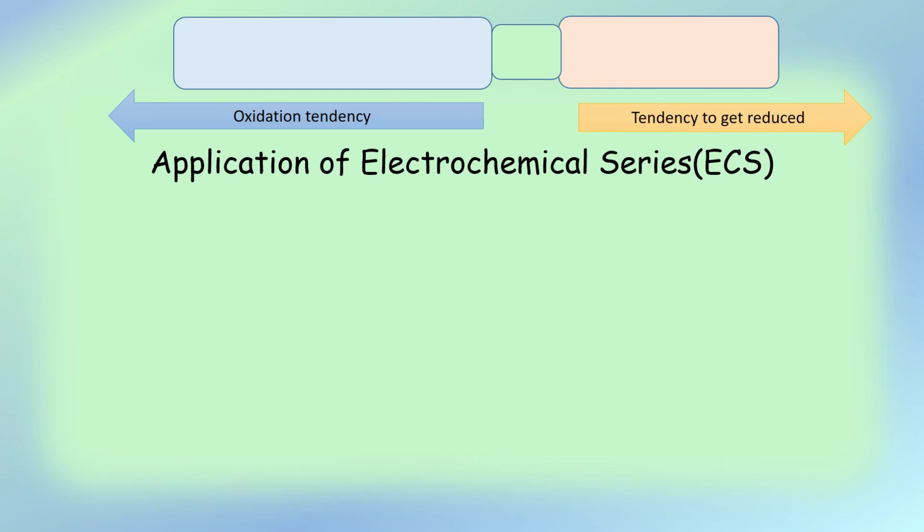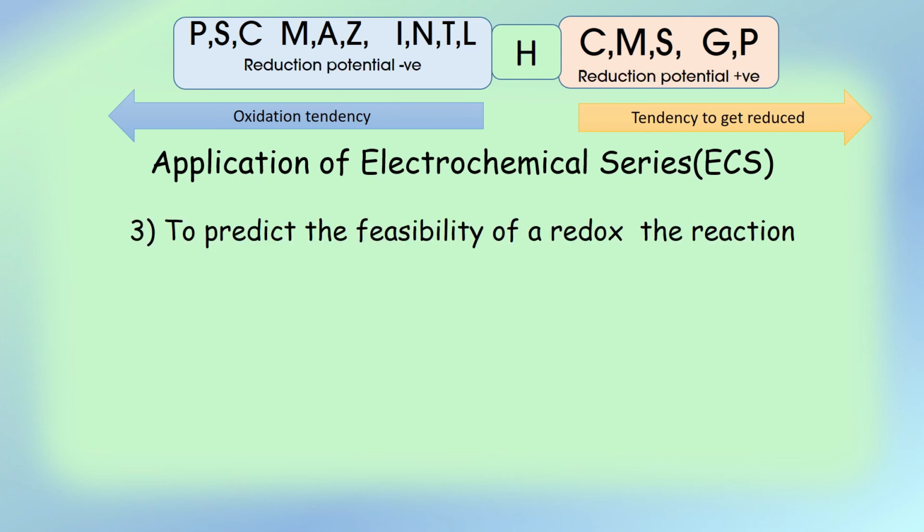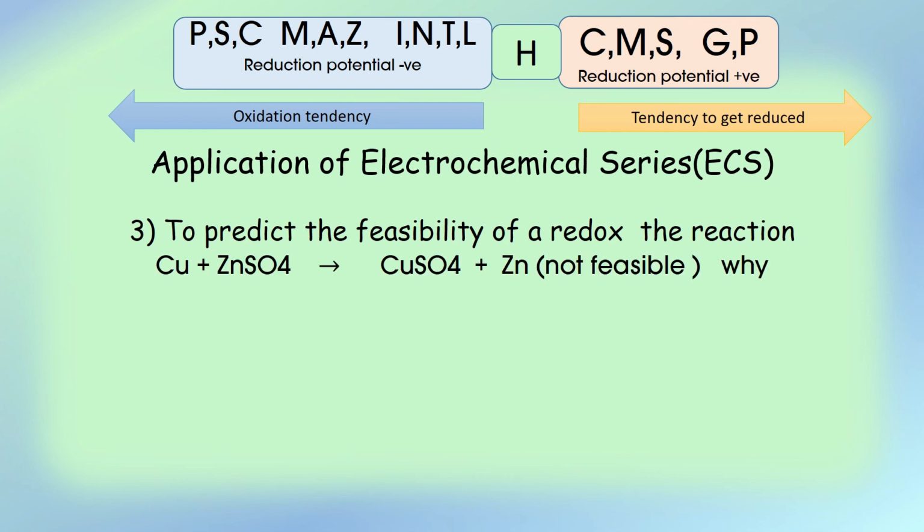Now let us understand the third application of electrochemical series. It is to predict the feasibility of a redox reaction. Remember that a redox reaction is feasible only in one direction. Well, what is the meaning of that statement?